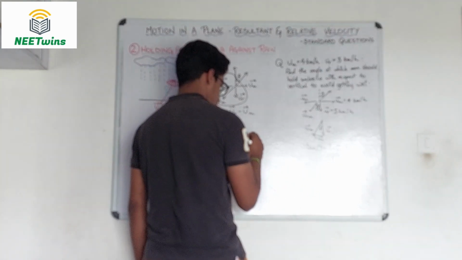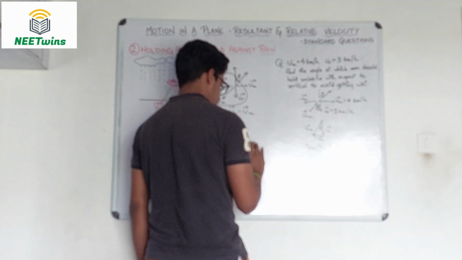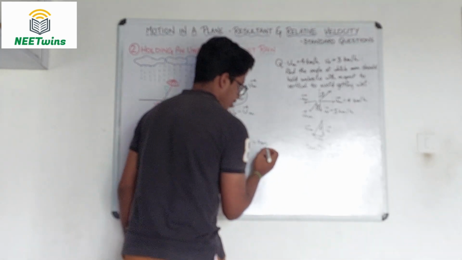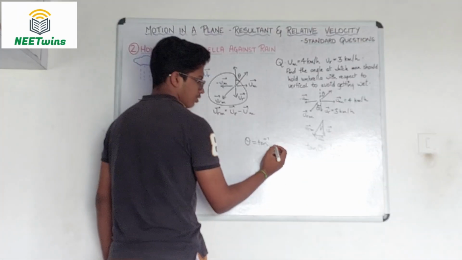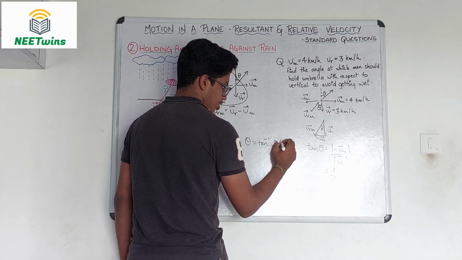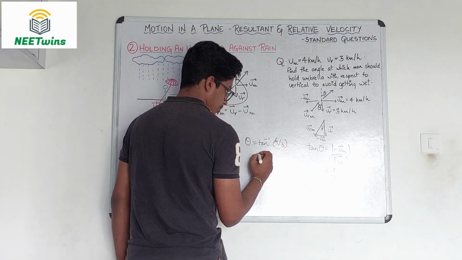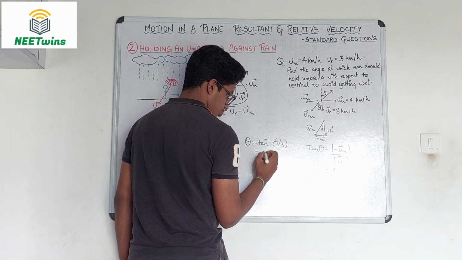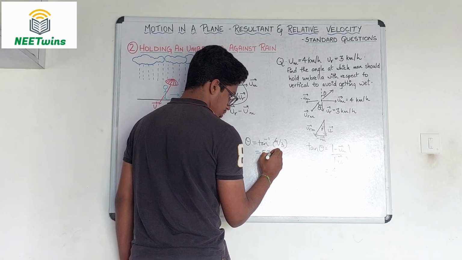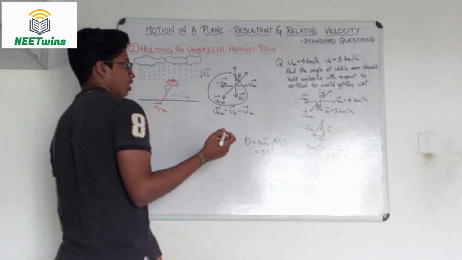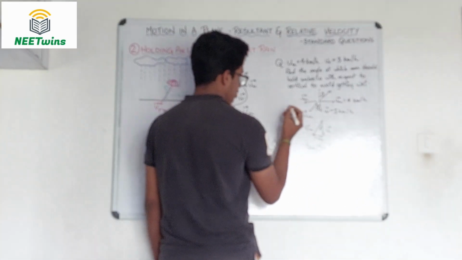So if you know some angles, you know that theta is equal to tan inverse of 4 by 3, which is equal to 53 degrees. So the angle that the man should hold the umbrella with respect to vertical is 53 degrees.